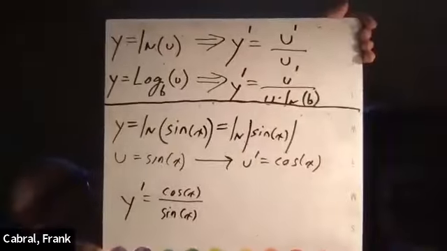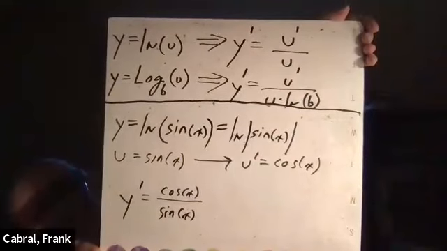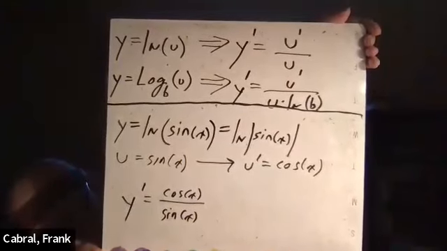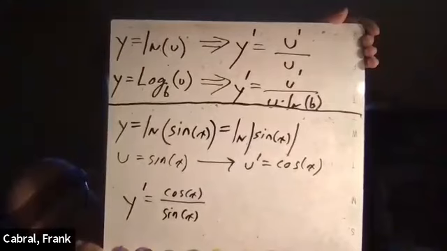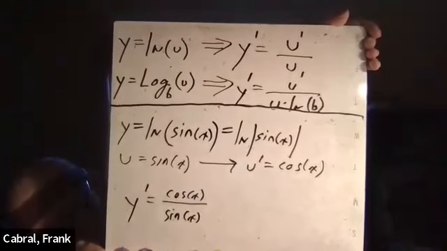But technically, we don't want to leave this answer like this, just because textbooks probably wouldn't leave it like that either. So knowing your trig identities, I'm going to rewrite this as the cotangent of x.